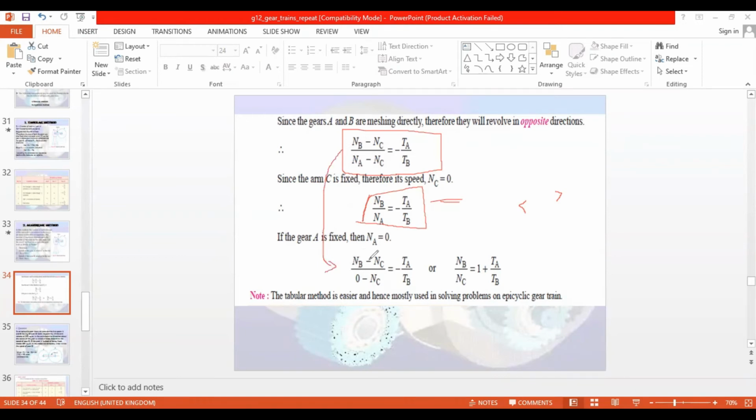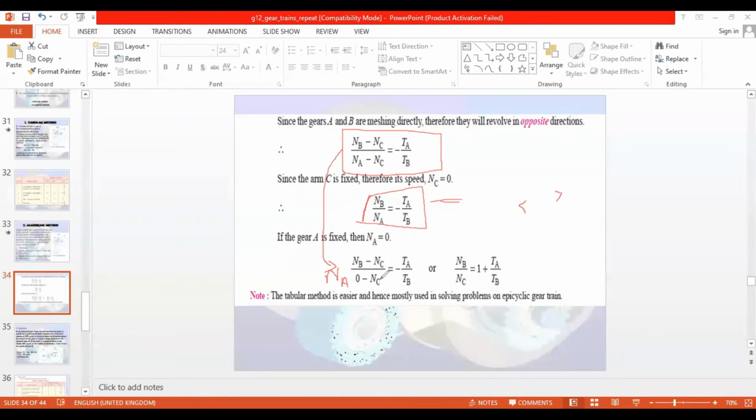NB minus NC, and NA is fixed, so it is 0. So this equation will reduce to NB minus NC upon 0 minus NC, because NA is equal to 0. 0 minus NC is equal to minus TA upon TB, right?